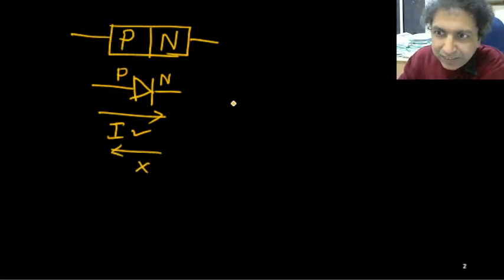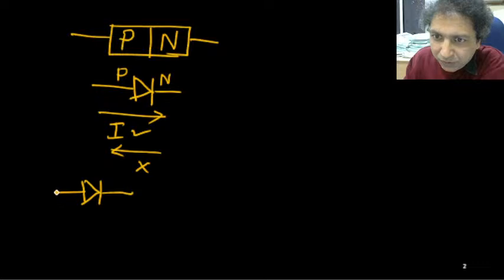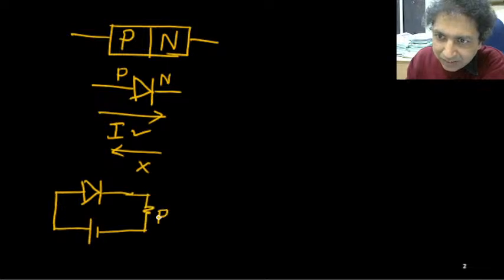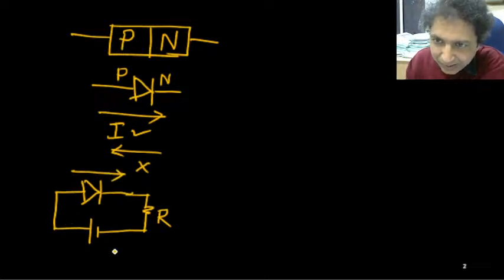The meaning is that if I connect this diode with proper supply voltage, this P is connected to the positive terminal and N is connected to the negative terminal, and we can have one current limiting resistance R. That time current will flow through this diode and this voltage is V, right?